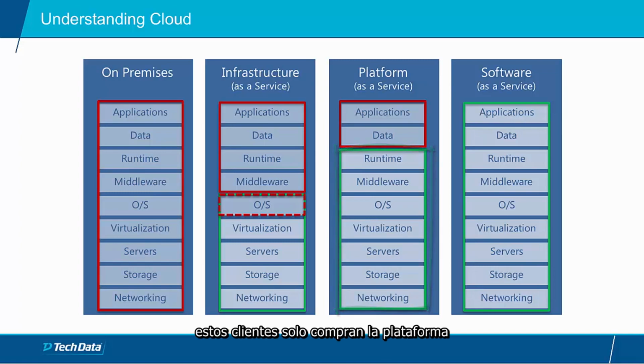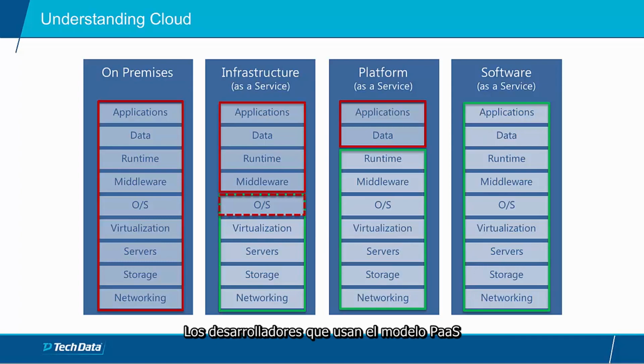Rather, these customers just purchase the platform to create their applications or services that are available exclusively over the internet. In addition to the platform infrastructure, these customers usually also gain access to all the necessary tools, programming languages, and APIs needed to create their application in the cloud.